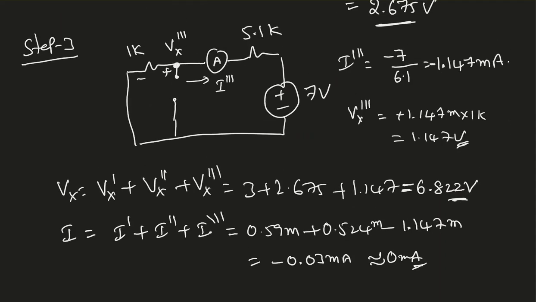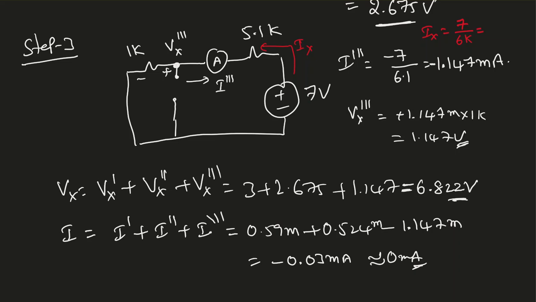Here I triple prime equals, so this current is going to flow from the voltage source. Let me take this as Ix. This Ix is going to flow in this direction, but I want the current I triple prime, which is opposite to Ix. So I triple prime equals minus 7 over 6.1, or you can say Ix equals 7 divided by 6 kilo ohm, as these two resistors are in series, which ends up with 1.147 milliampere.